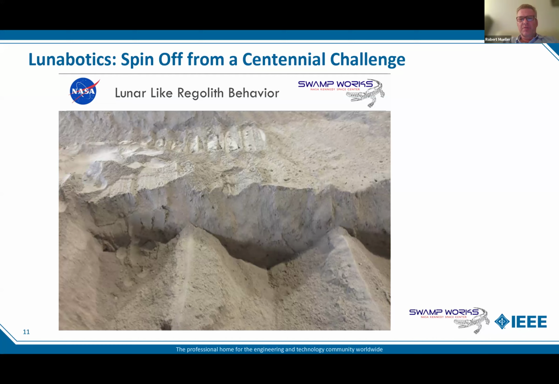But on the moon, because of the reduced gravity and the van der Waals forces, the electrostatics, and the high internal angle of friction and the cohesion, it all sticks together and it creates this rigid vertical wall. So that's why we have to pay attention to the geotechnical properties of regolith, because it really behaves differently from what we see here on Earth.